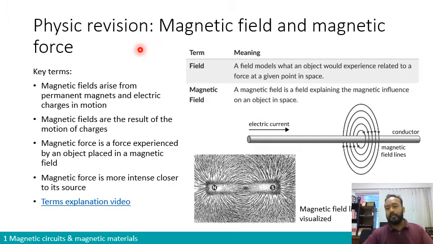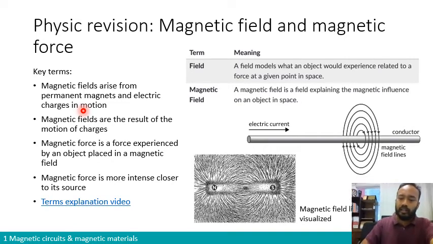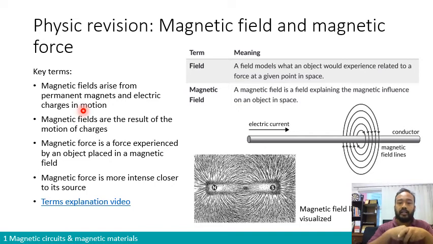Magnetic field arises from permanent magnets and electric charges in motion, but it is not an object that you can observe or touch. It is basically a tool that mathematicians created to describe an area. A field is basically an area in which there will be magnetic force if there is an object interacting with that magnetic field.